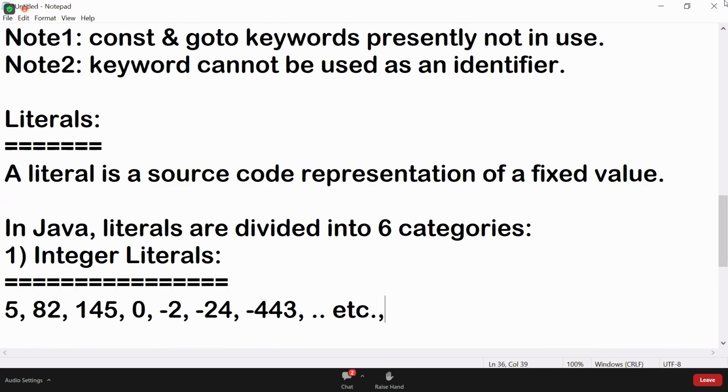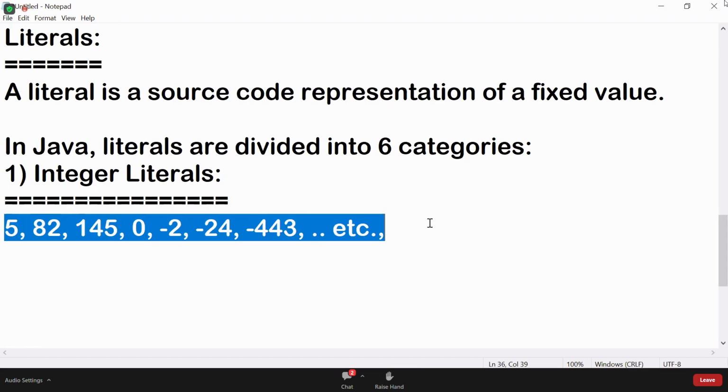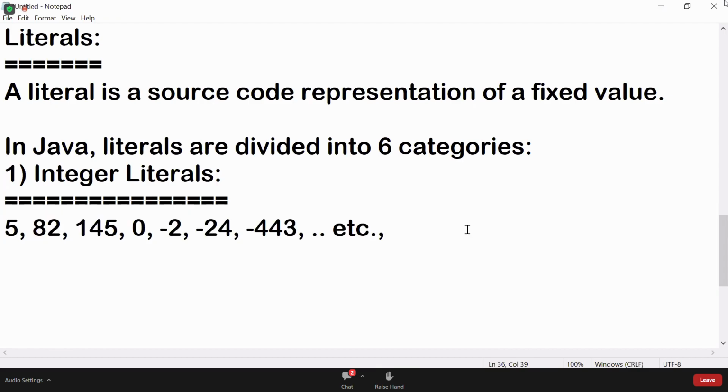It's nothing but data. In C language, we call them constants. In Java language, we call them literals. Terminology is also important.